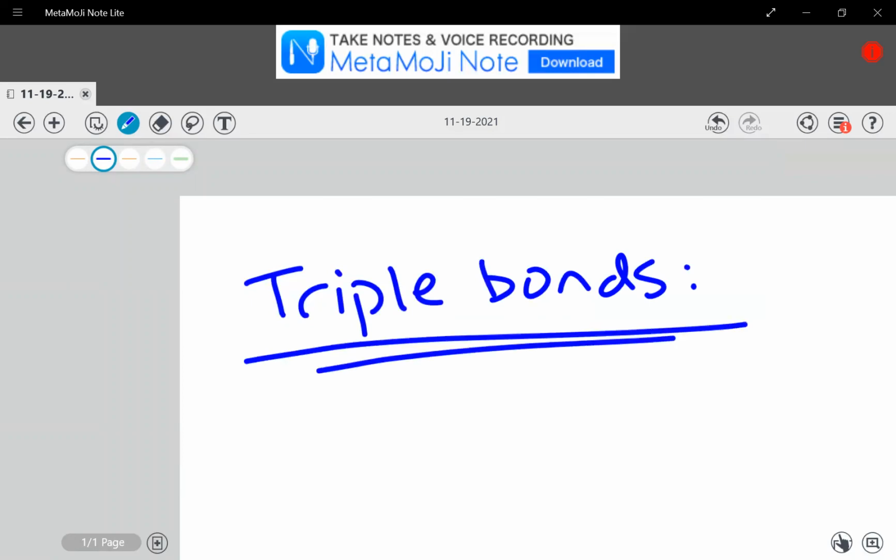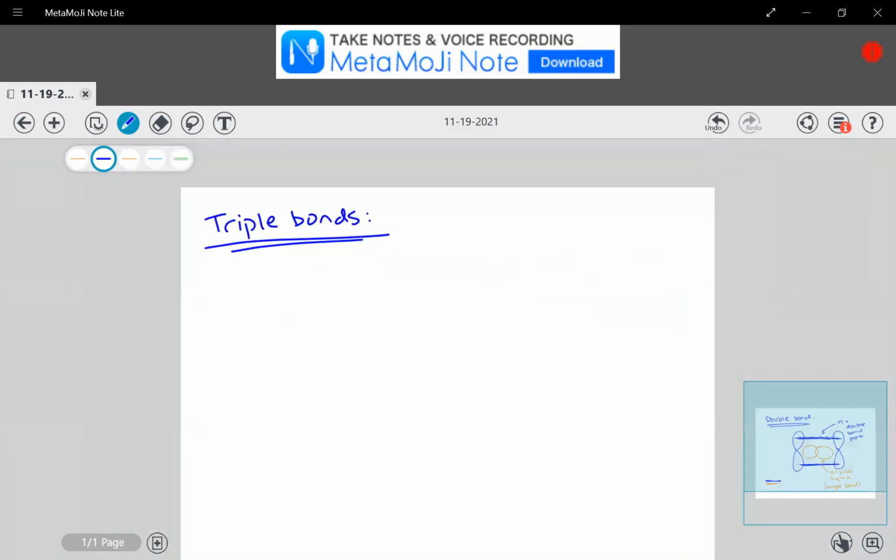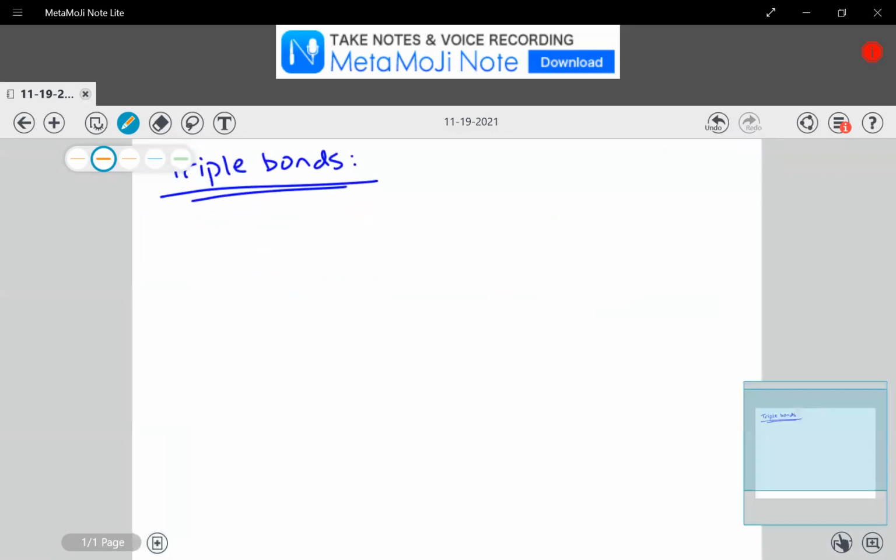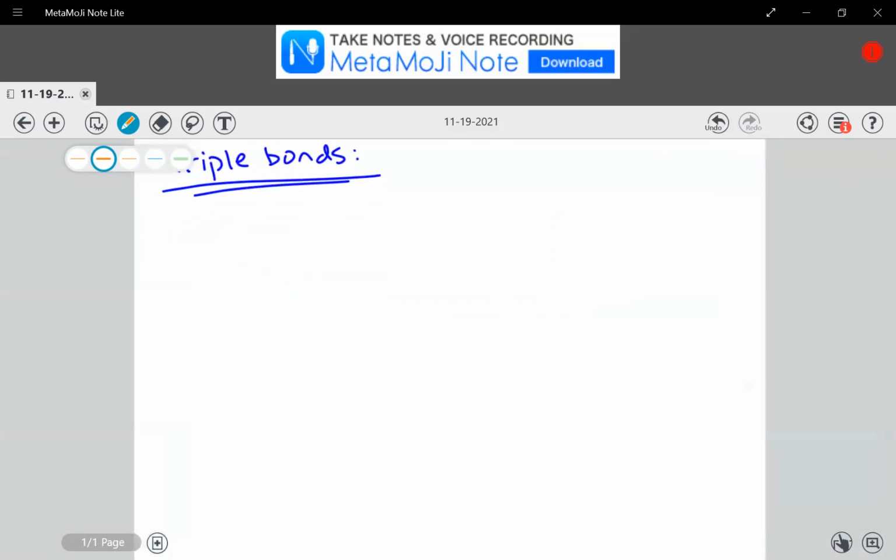All right. Triple bonds have a pretty similar idea. Maybe a bit hard to draw. So basically what we have is our 2 sigma in the middle, okay? First our single bonds right in the middle.